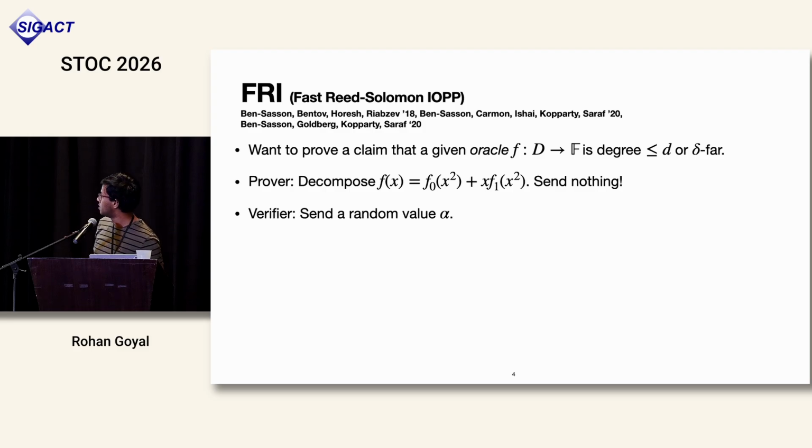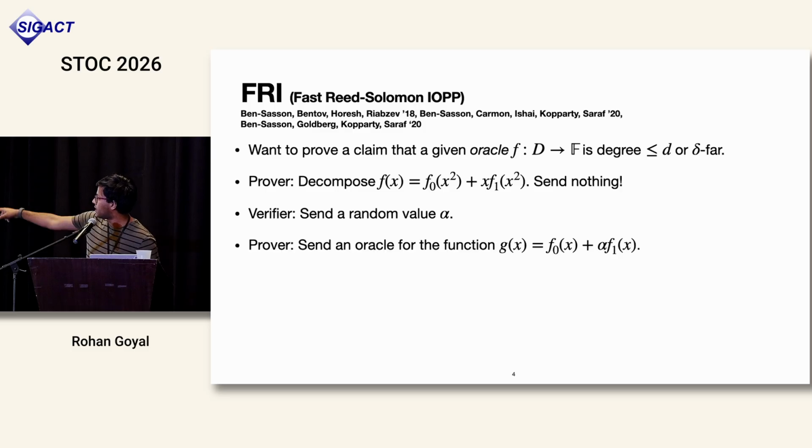Very simple. Now the verifier just sends a random value alpha, and the prover will now send you an oracle g of x, which is f_0 of x plus alpha times f_1 of x. So now you want to verify if this function is degree d over 2. And if you repeat, you can go down to constant degree, and then you can just verify.